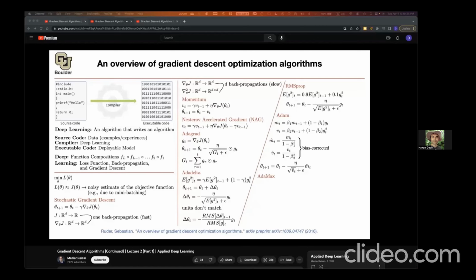The same paper introduced ADA-max, where rather than using the L2 norm here, you can put the L infinity norm for your VTs. So this term, UT, is very similar to VT. Then you have whatever is left from before.